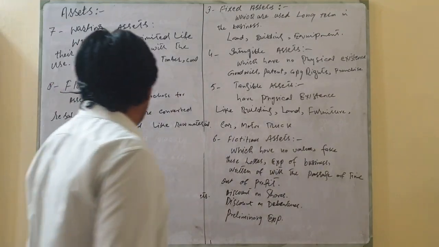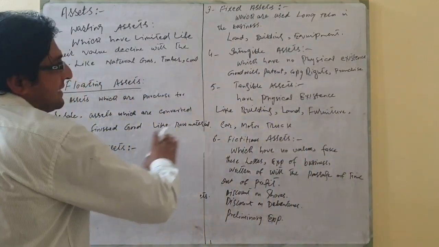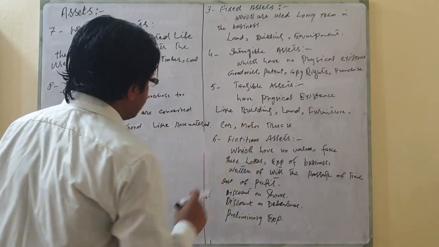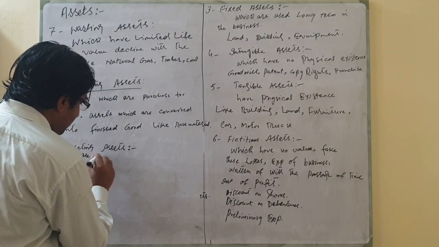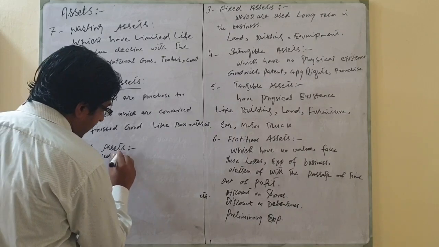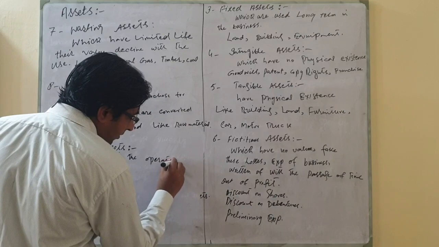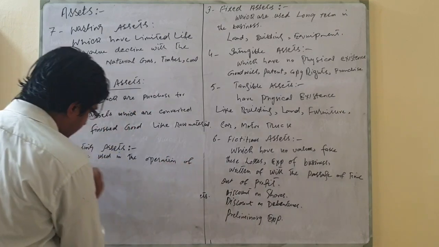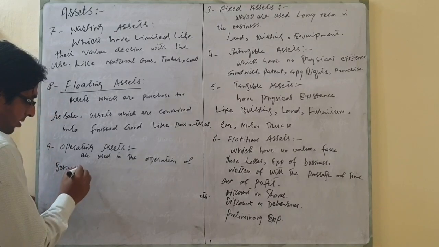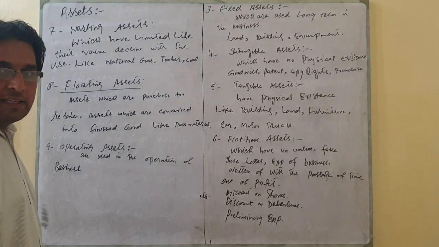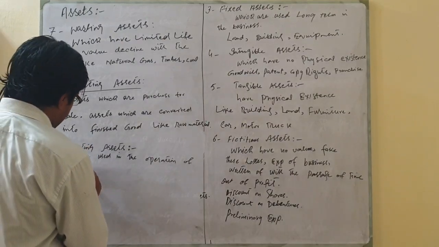Some writers consider operating assets and fixed assets the same, because these assets are used in the operation of business. All fixed assets, all tangible assets, intangible assets are our operating assets.